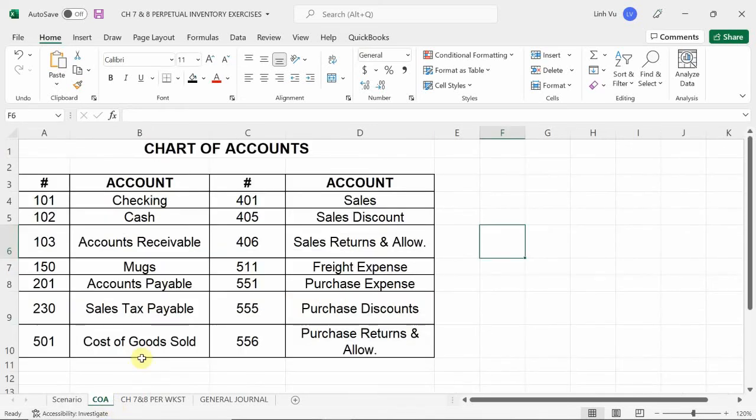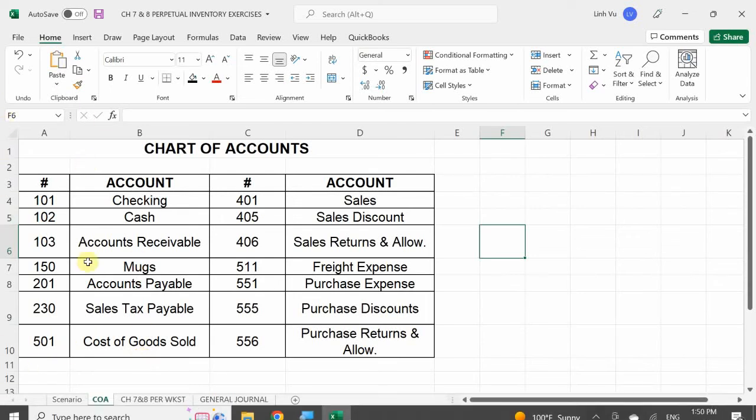So let's see here. What accounts will I be using to record this transaction here? Accounts receivable, sales, and sales tax.